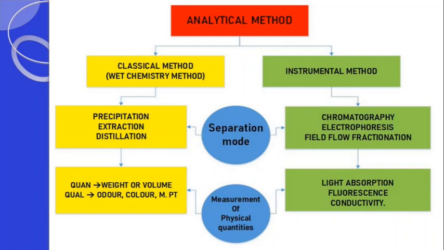Now, in the classical method, measurement of physical quantities, if it is in the quantitative form, is determined by weight or volume. In terms of the qualitative, we are looking at odor, color, or melting point.